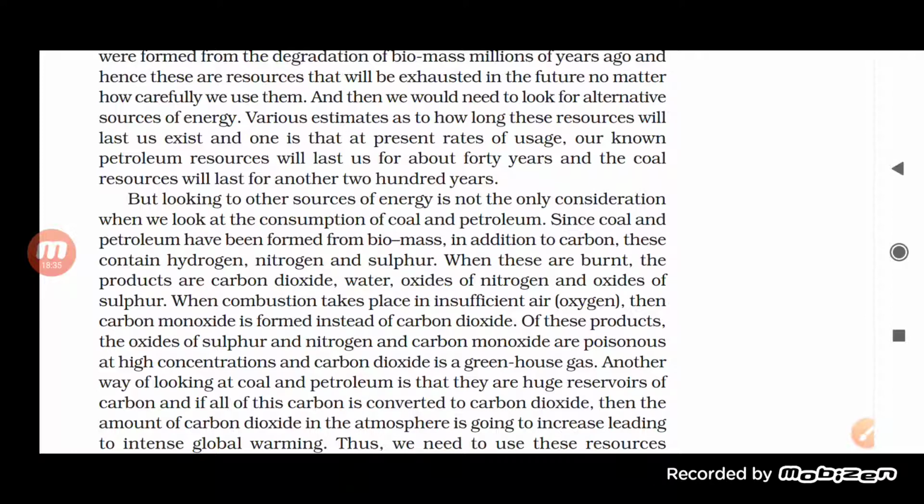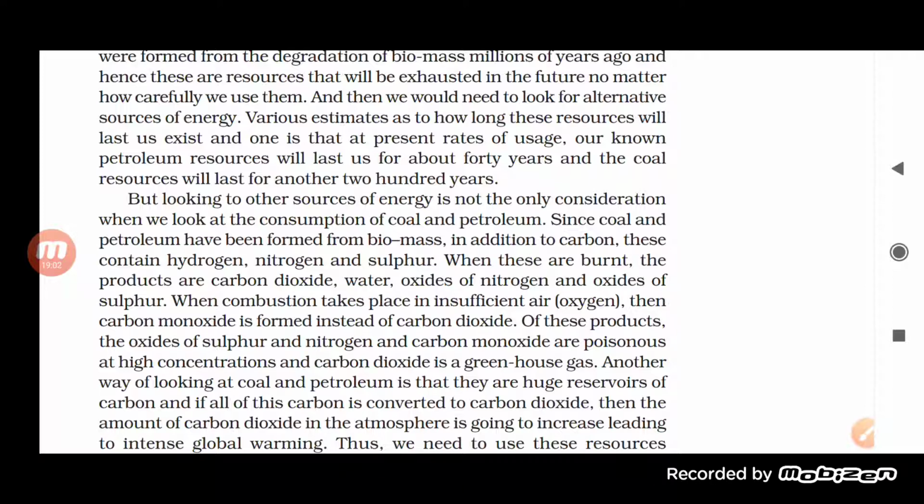It is already given that a lot of estimates exist, students, of how much time we can use coal and petroleum. For petroleum it is said we can use it for 40 years, and coal for 200 years. But looking for other sources of energy is not the only consideration when we look at the consumption of coal and petroleum.